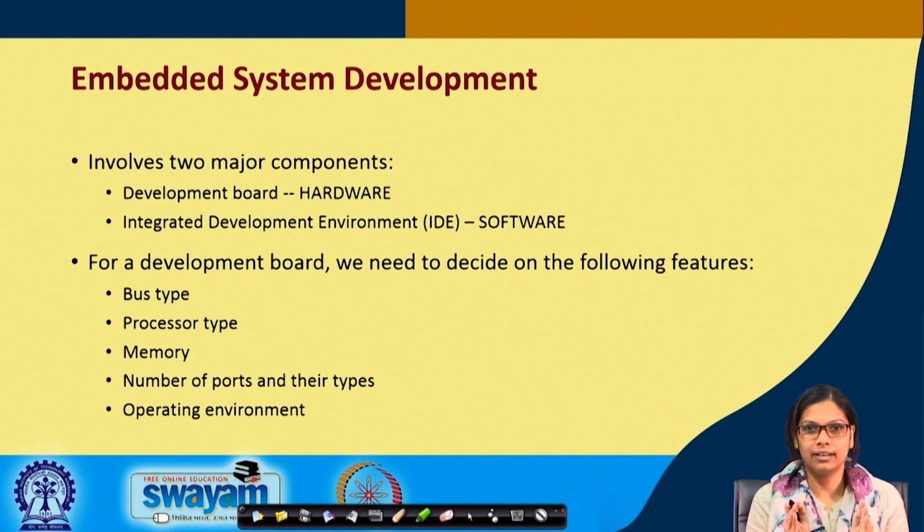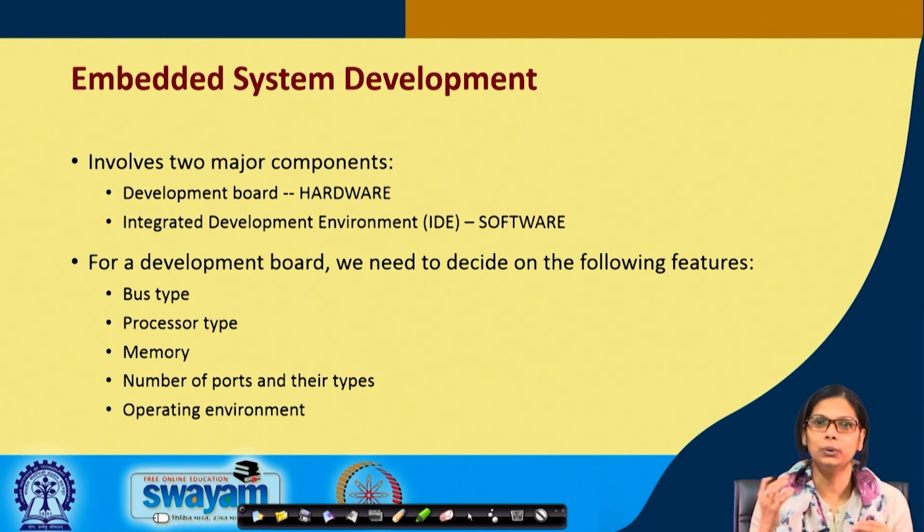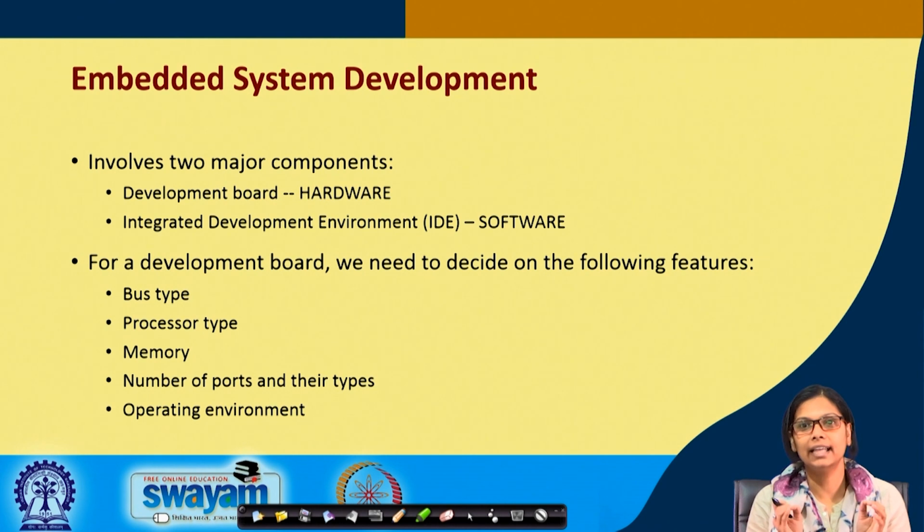We need a hardware, that is the board, but how do we program it? We need to have some software associated with it through which we can program it. So, we will also look into that what are the various kinds of IDE, that is the integrated development environment, that we will be using in this particular course for the two boards.